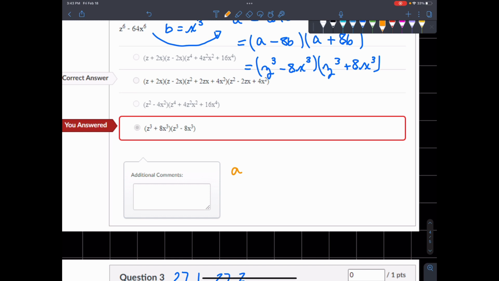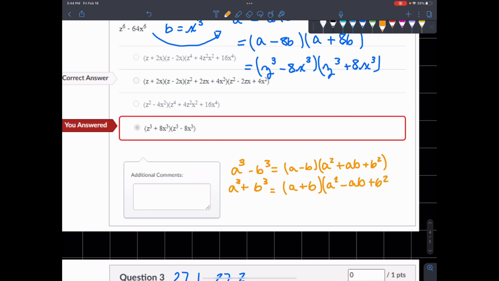If we've got an a cubed minus b cubed, that's going to be a minus b times a squared plus ab plus b squared. And if it's a plus b cubed, that's going to be a plus b, times a squared minus ab plus b squared.